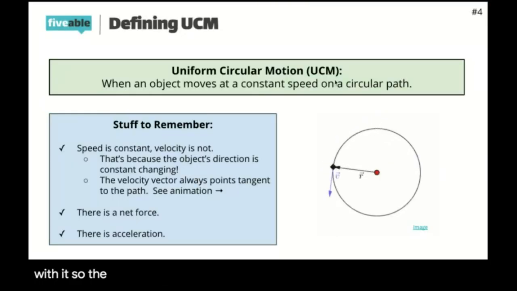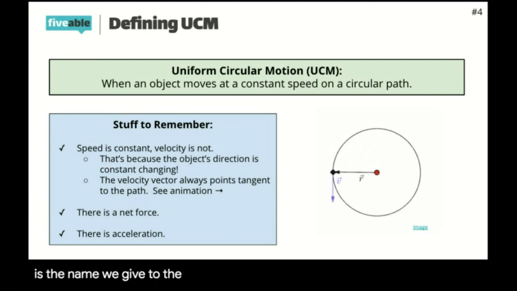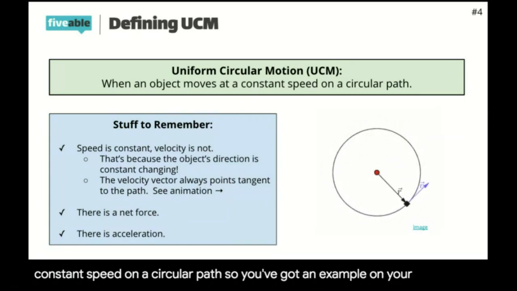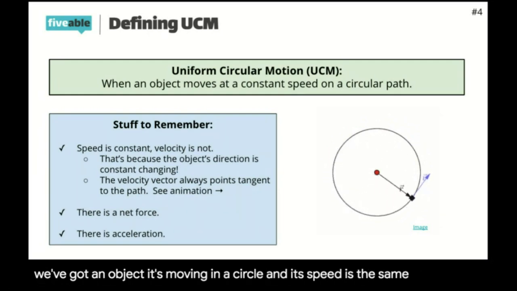So the first thing, what is uniform circular motion? Uniform circular motion is the name we give to the situation when we've got an object that's moving at a constant speed on a circular path. You've got an example on your screen. We've got an object, it's moving in a circle, and its speed is the same.